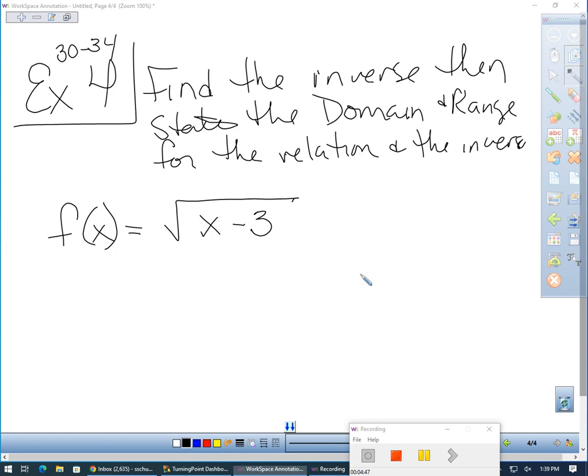All right? Our domain for this one, is there an x in the denominator? Is there an x in the square root? Okay. So that means I would take what's underneath the square root, x minus 3. It has to be greater than or equal to 0. Solving that, I add 3 over, I get x is greater than or equal to 3. Or the domain, put domain here, sorry. Domain is 3 to infinity.